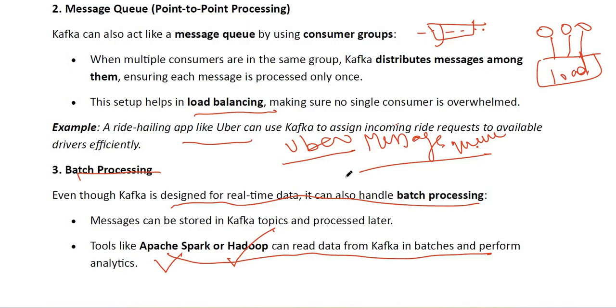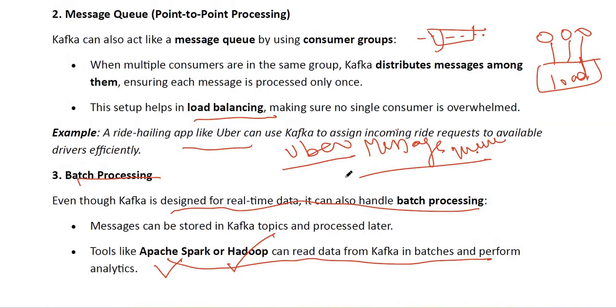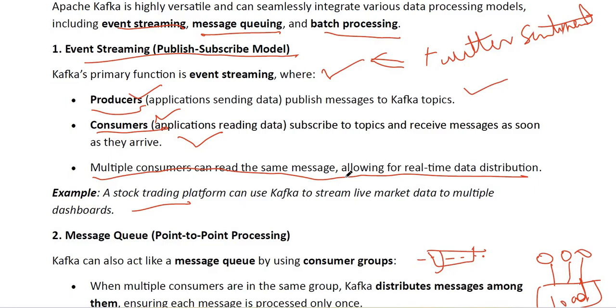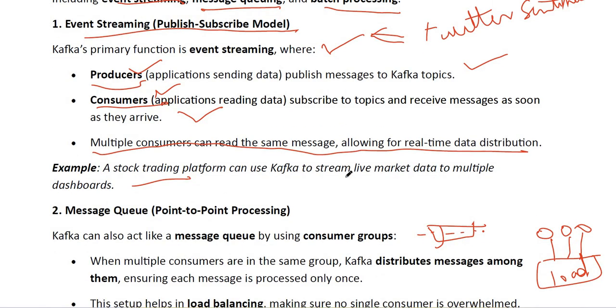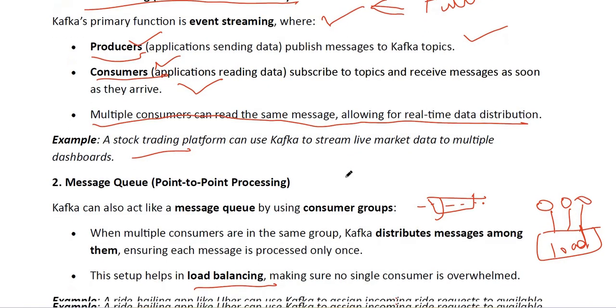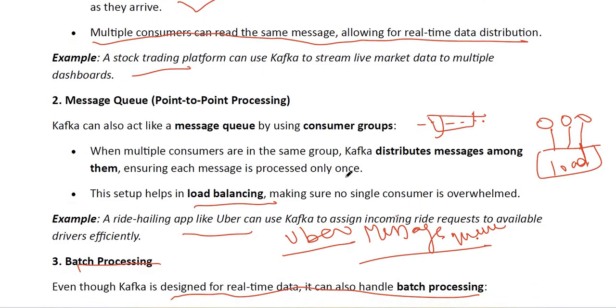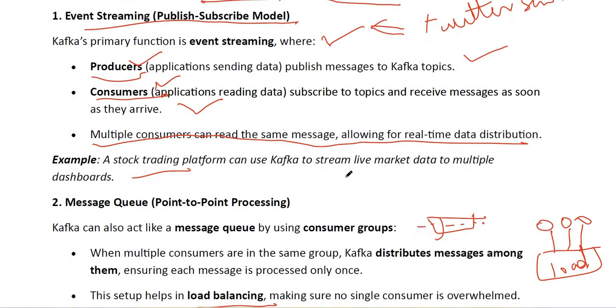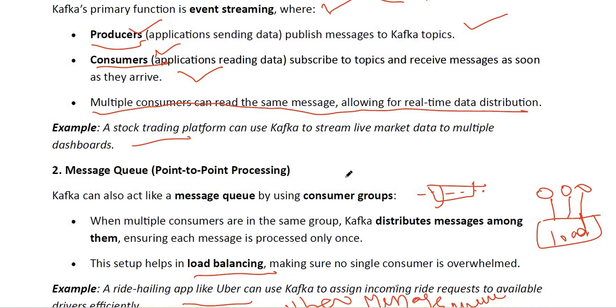Like that, we have three different types of processing models: event streaming, the publish-subscribe model, message queue, and batch processing. The very good example for the first one is Twitter sentiment analysis, which is the default activity of Kafka.